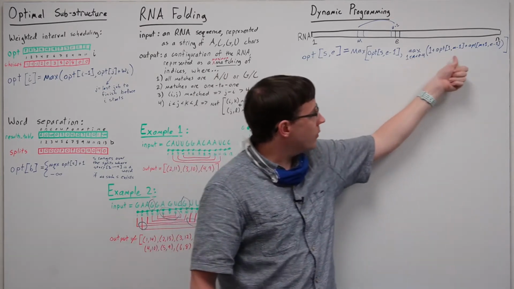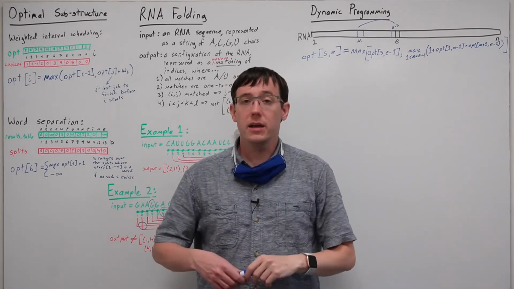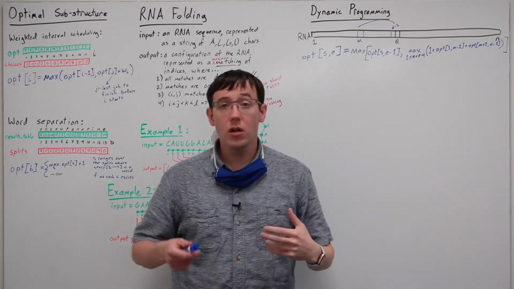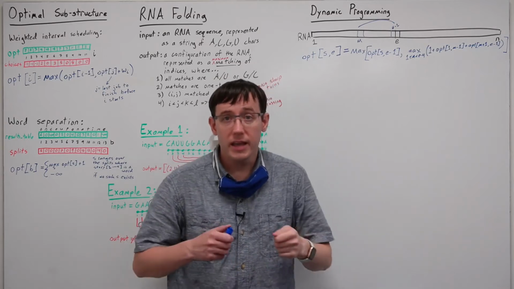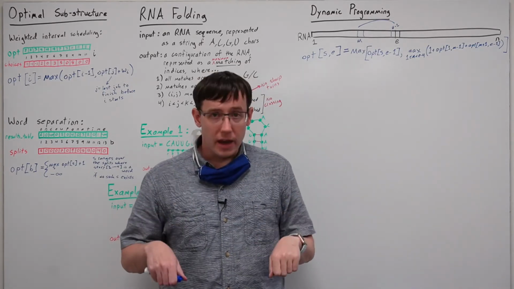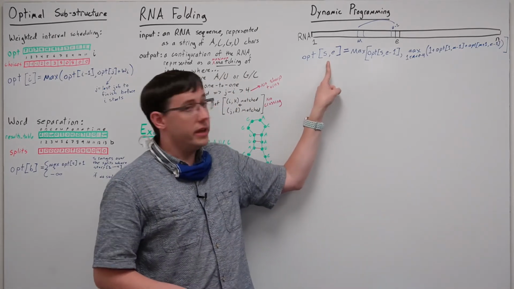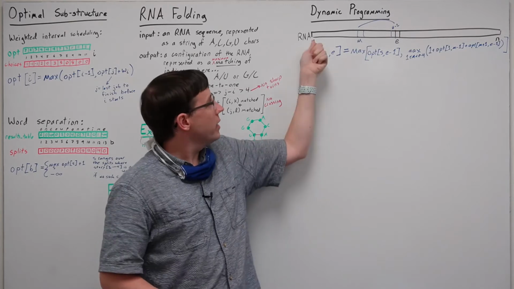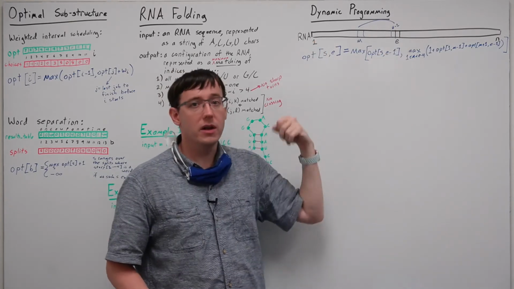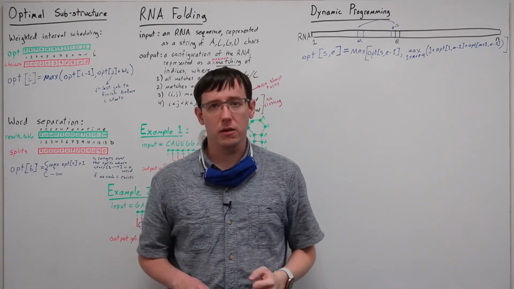Since all three of these are smaller subproblems, as long as we solve our subproblems in increasing order of size, then we will always be able to calculate the optimal value from a given start to end point in terms of previously calculated optimal values.